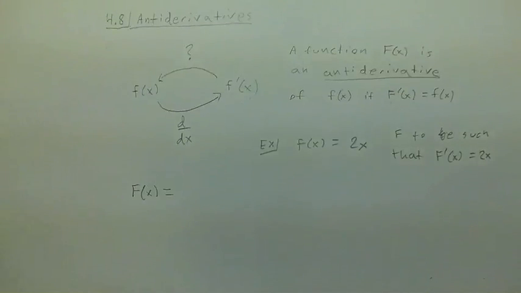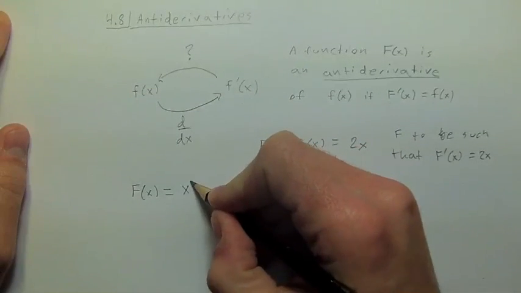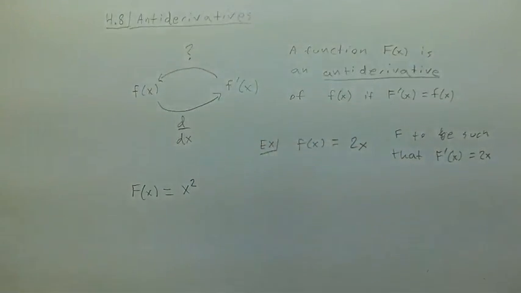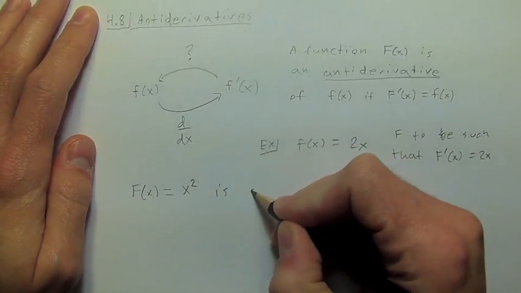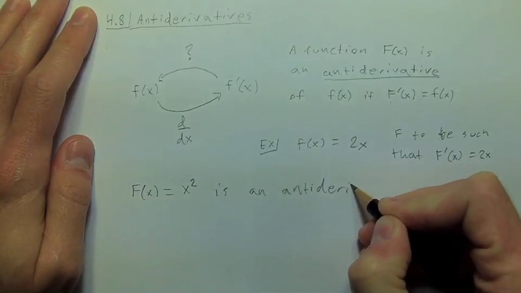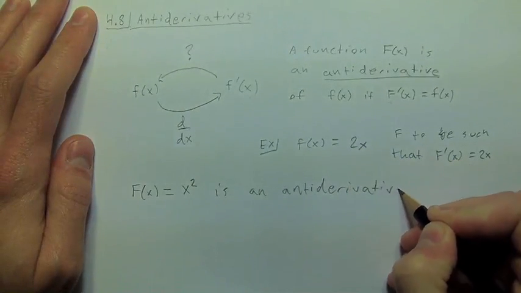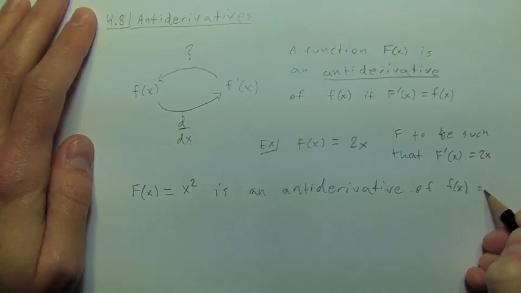Can you think of anything that when we take the derivative of it, we get out 2x? And the answer, of course, is x squared. So capital F of x equal to x squared is an antiderivative of little f, which again was 2x.